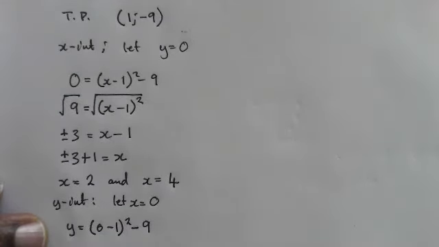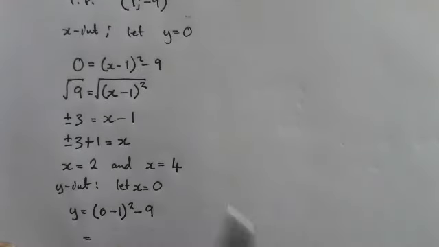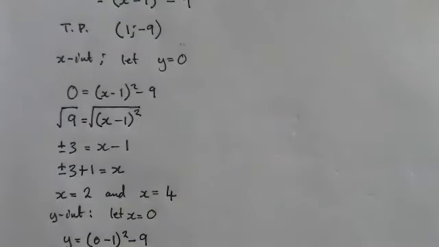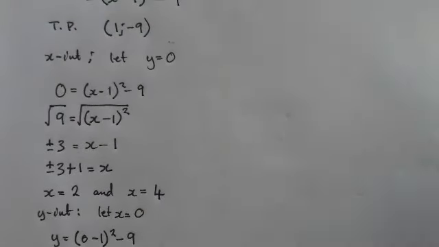If you can just put this in the calculator, negative 8, you say. Yeah, it's correct actually. So now we've got our y-intercept, our x-intercepts, and our turning point. We can just draw our graph.